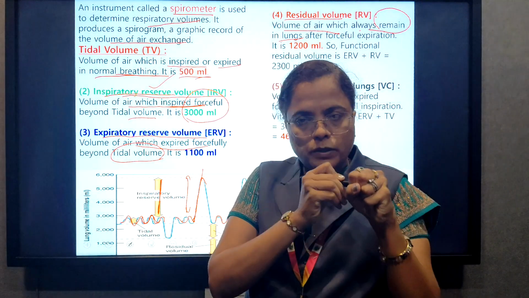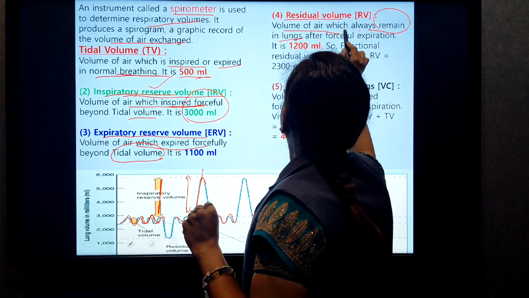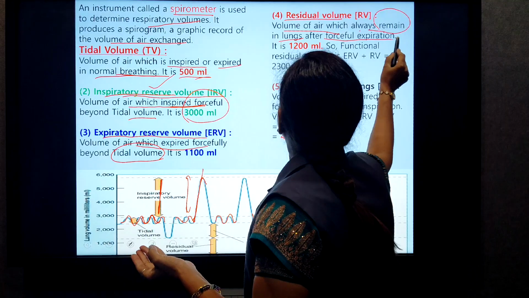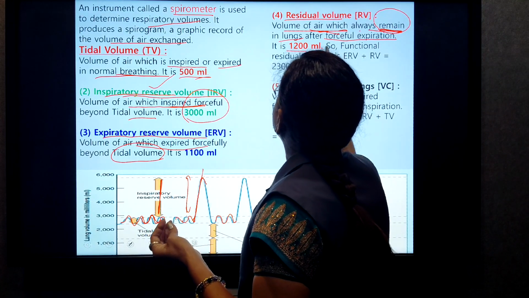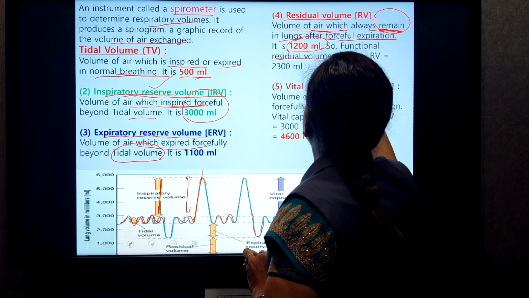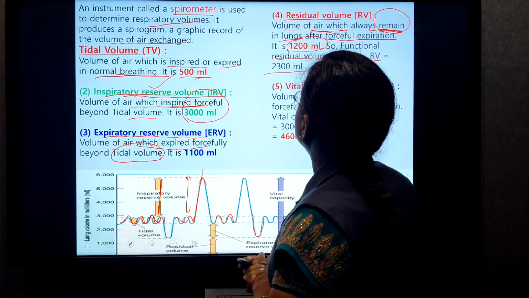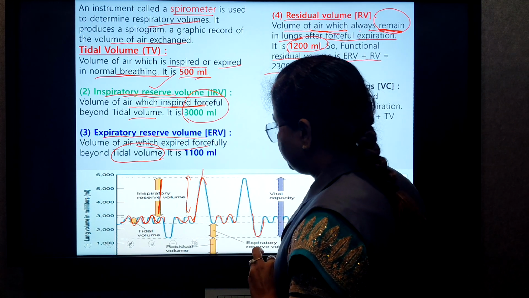So residual volume means, after the forceful expiration, the volume of air which remains in the lungs, and it is about 1200 ml. ERV plus RV is equal to 2300 ml.